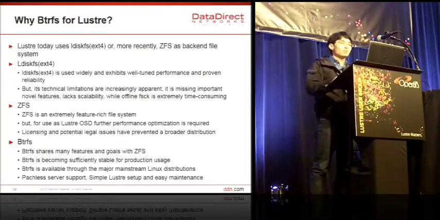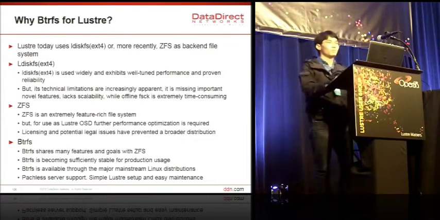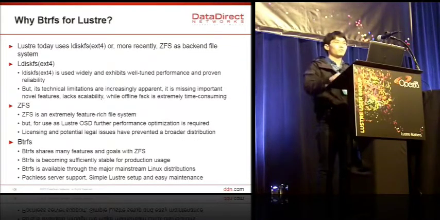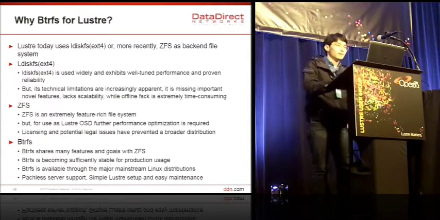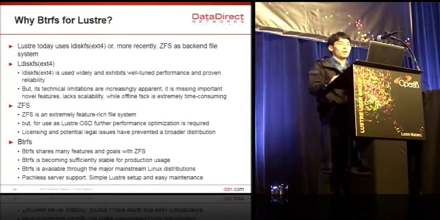By contrast, ZFS is an extremely feature-rich file system. However, it seems that we need to optimize further to improve the performance of ZFS OSD. And unfortunately, there are some licensing and potential legal issues which have prevented broader distribution.